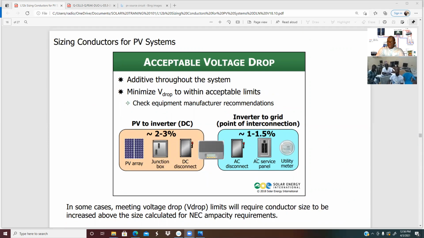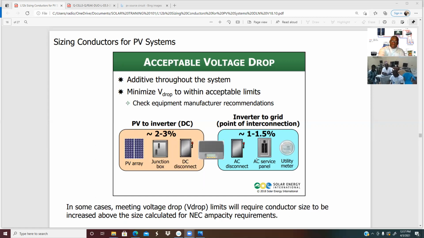The PV array, the junction box, the DC disconnect. Then we have our inverter. Then we have the AC disconnect, the AC service panel, the utility meter. So from the inverter to the grid, they're talking about 2 to 3% between your PV array, your junction box, and DC disconnect.